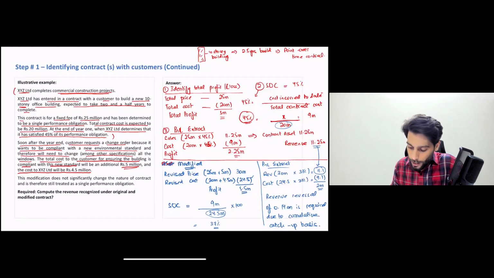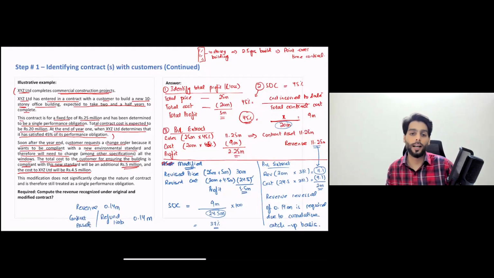And that means you would debit your revenue by 0.14 million, and either you can credit your contract asset, but rather you will be crediting refund liability. If the billing has been done to the customer, you will be crediting refund liability, or in other case, if the billing has not been done to the customer, you can still credit your contract asset.